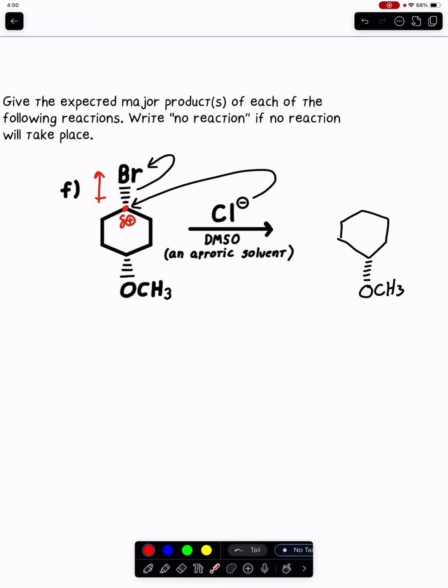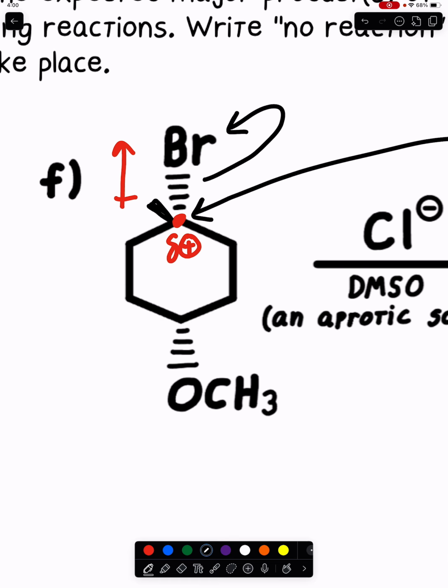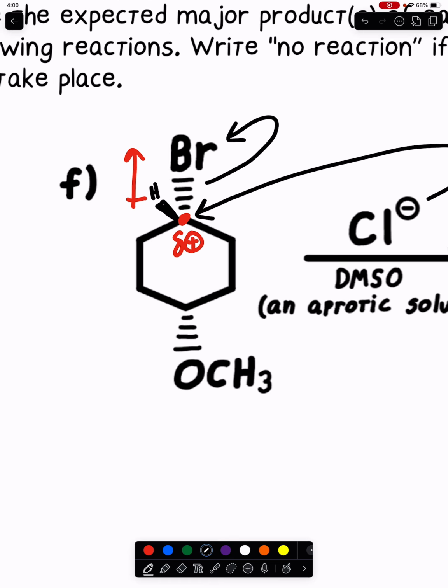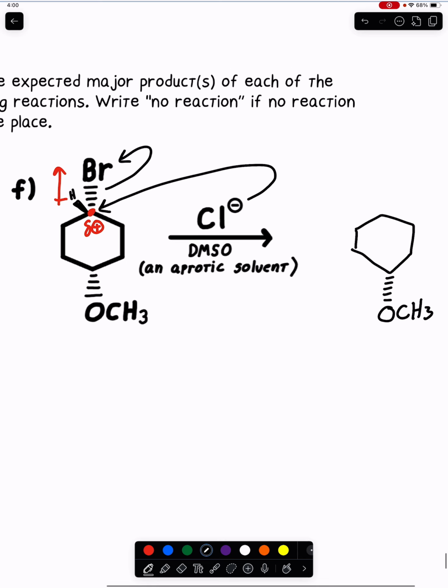And when it does that, it's going to repel. Let me draw this hydrogen in here. That hydrogen is actually coming out of the paper right now. When that chlorine comes in and attacks, it is going to kick out that bromine. That hydrogen is going to repel into the paper. So I'm going to now draw the hydrogen over here on a dash.